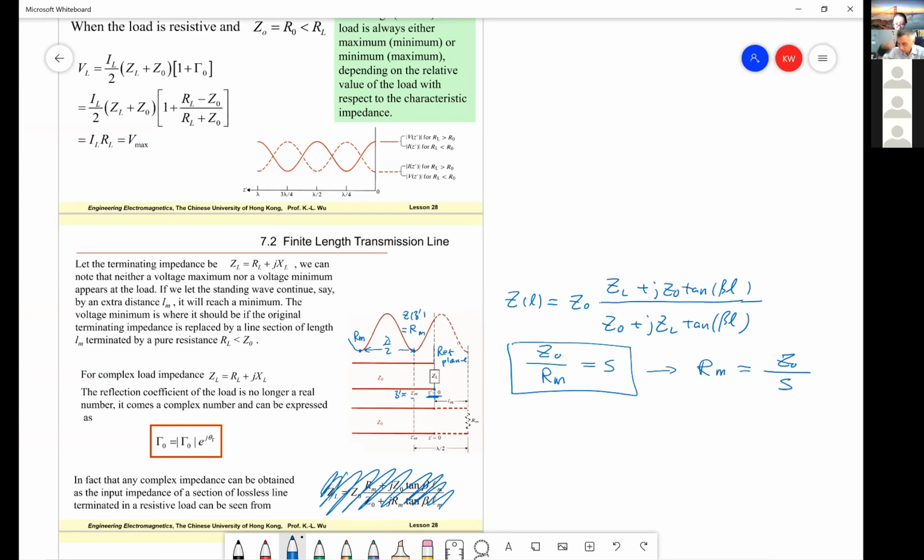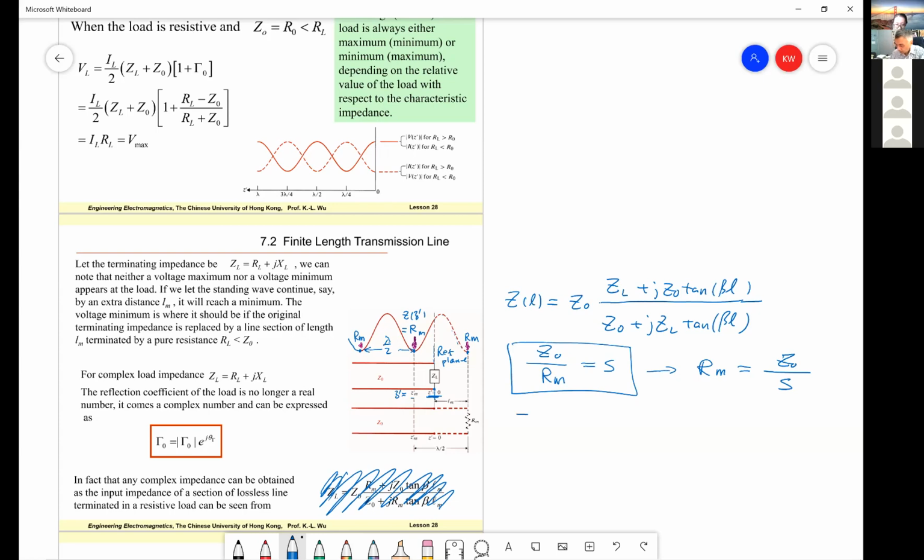So if it extends toward the load, at this point this is also Rm, right? Because it repeats.